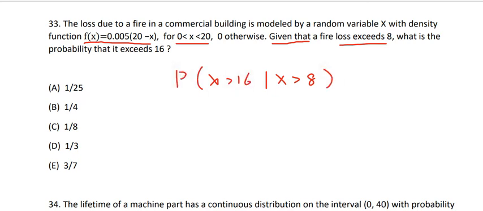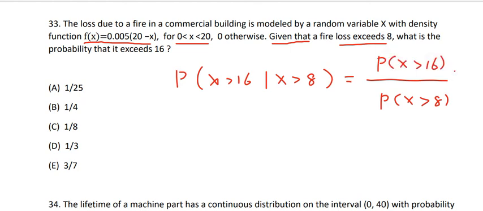Okay, so this probability equals, larger than 16 and larger than 8 is just larger than 16. So we just need to find this probability. Let's say x larger than 8. Okay, x from 0 to 20, right?